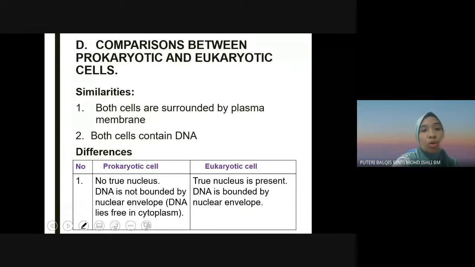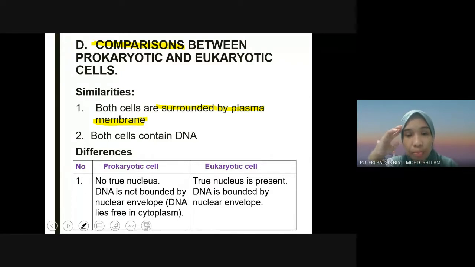So comparison between prokaryotic and eukaryotic cells. Similarities: both cells are surrounded by plasma membrane. So dua-dua sel prokaryotic and eukaryotic surrounded by plasma membrane.